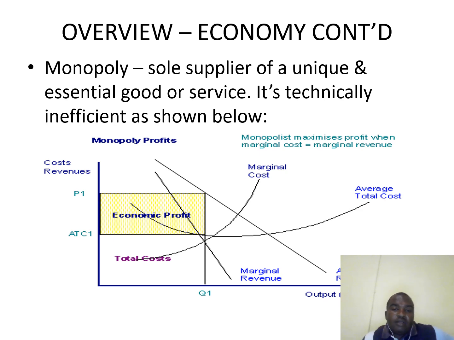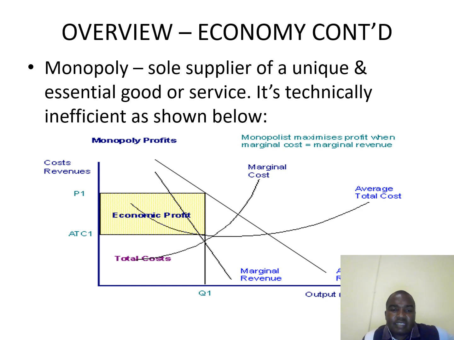So the long run equilibrium, as we can see, occurs at a point where average costs are still declining. At the point where Q1 and ATC1, we get to that point where the ATC is still falling.